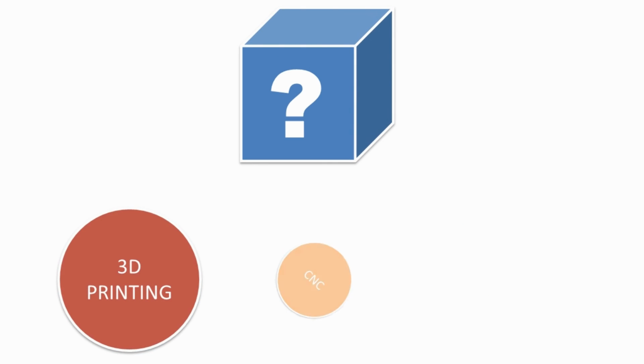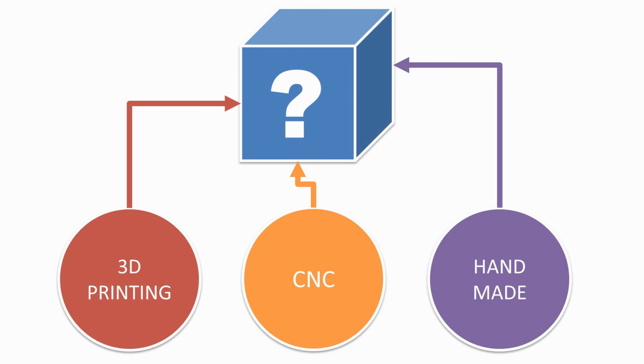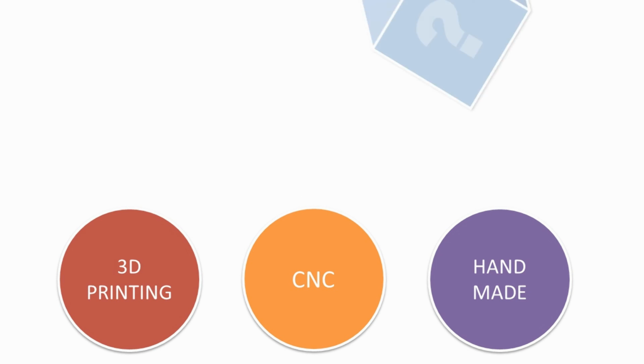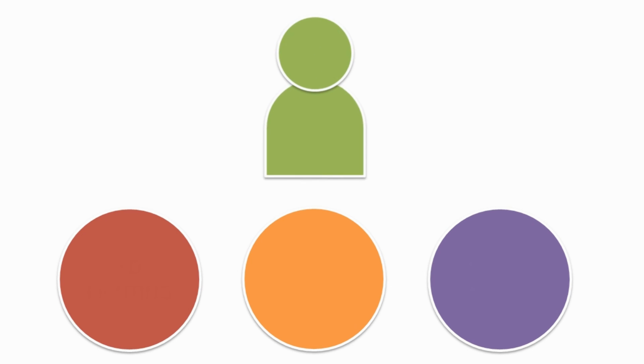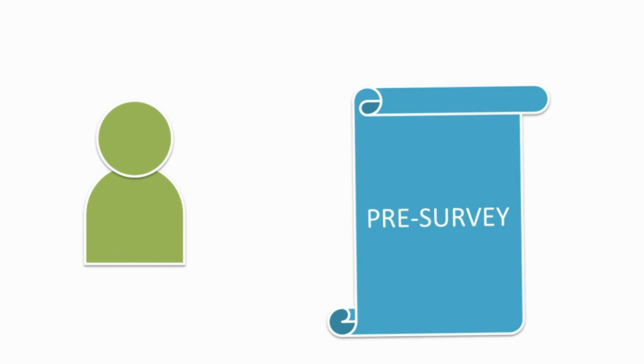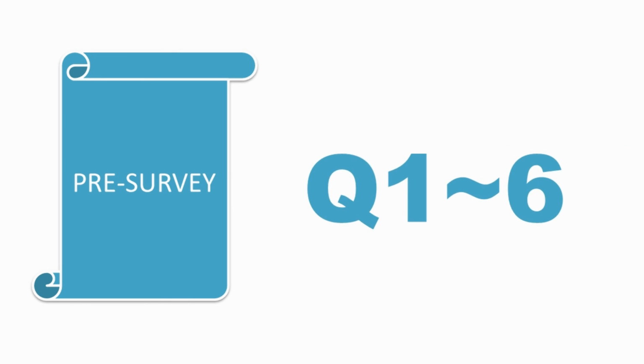Participants need to make a model of the product using 3 different fabrication methods, which are 3D printing, CNC, and handmade. The name of each fabrication method should be hidden, and participants are assigned these 3 fabrication methods randomly. After each participant gets their assigned fabrication method, they are asked to finish a survey, which includes 6 questions.